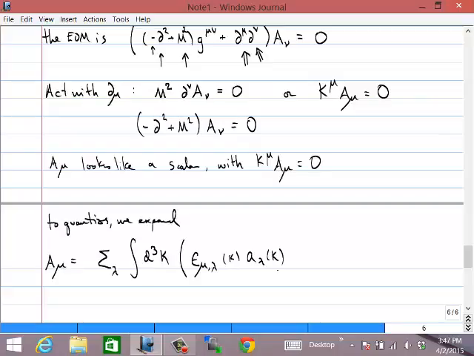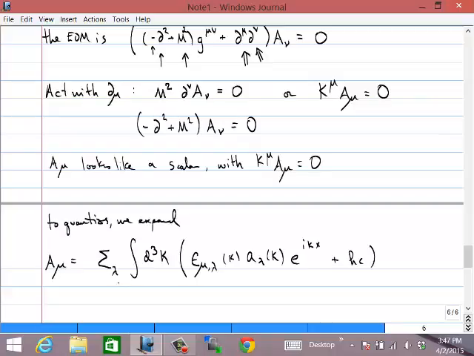So that'll be the lowering operator that destroys a vector field with polarization lambda, plus the Hermitian conjugate involving a creation operator, a lambda dagger.